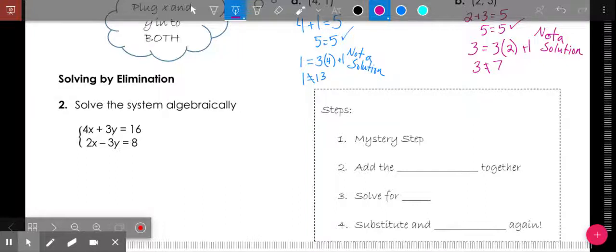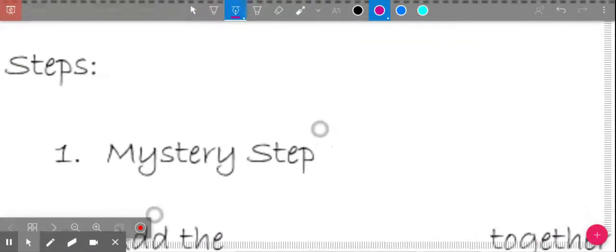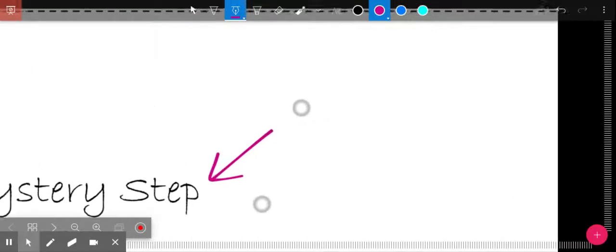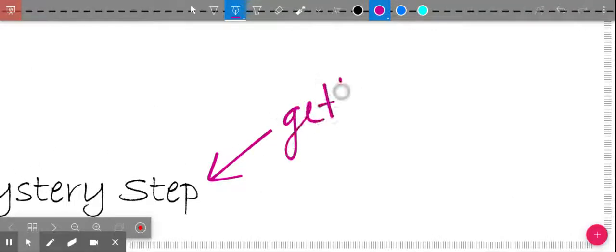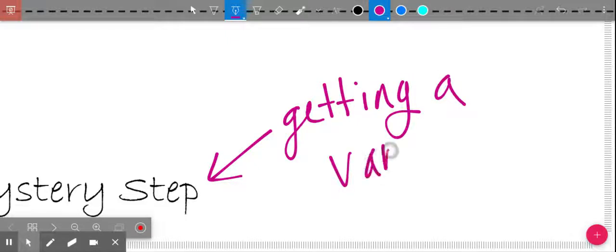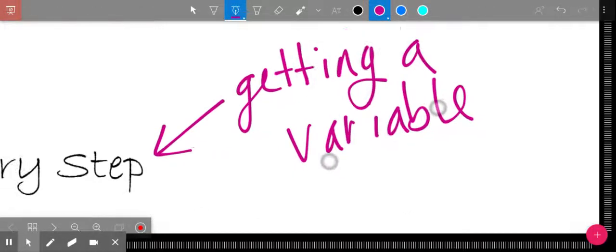So looking at the first one, this says solve the system algebraically, and I've given you your steps over here. Step number 1 is a mystery step because we don't actually have to do the first step in this one. But our mystery step is all about getting a variable to cancel out. That's always going to be a goal with the first step, is how can I change these coefficients to make something cancel out?